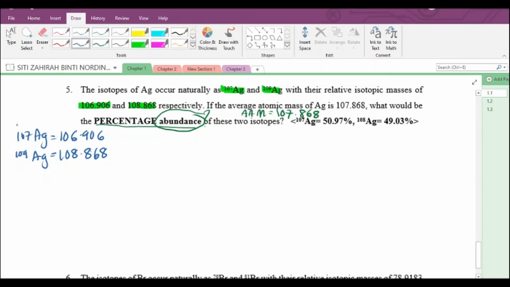So let's substitute the mass information into the Aam formula. So average atomic mass is equal to the sum of Chemi over Q.